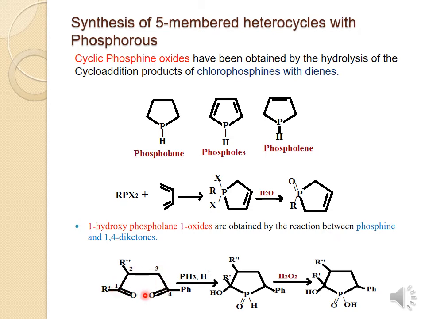When the diketone compound is treated with the phosphines, upon acidification you get the first structure, the phosphone, and then upon treatment with hydrogen peroxide, the 1-hydroxy phospholane 1-oxide, where the oxygen atom is attached over here. So this is the structure.